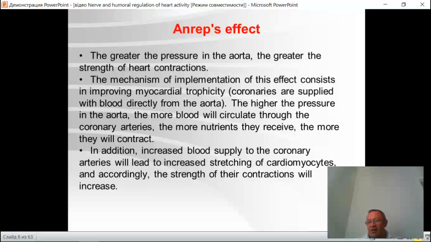The higher the pressure in the aorta, the more blood will circulate through the coronary arteries, the more nutrition they receive, the more they will contract. In addition, increased blood supply to the coronary arteries will lead to increased stretching of cardiomyocytes, and accordingly the strength of their contraction will increase.